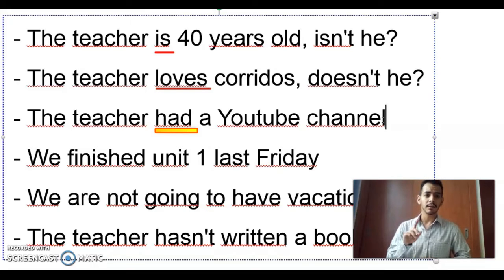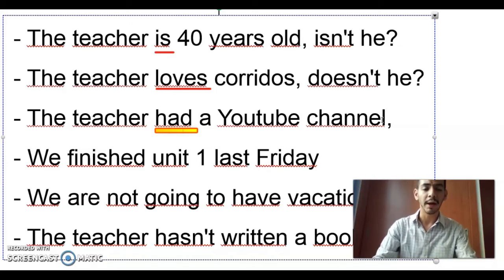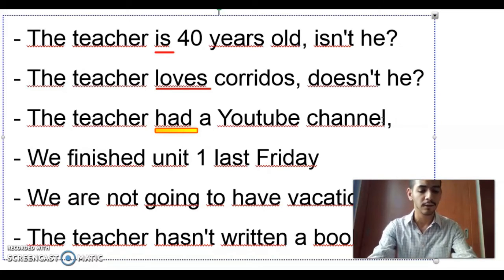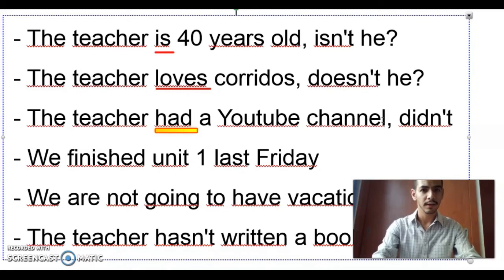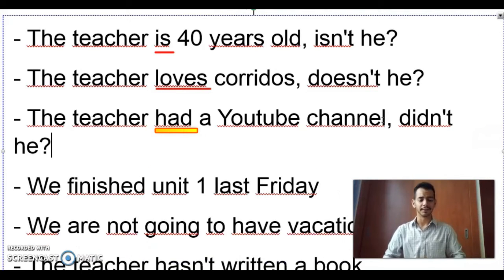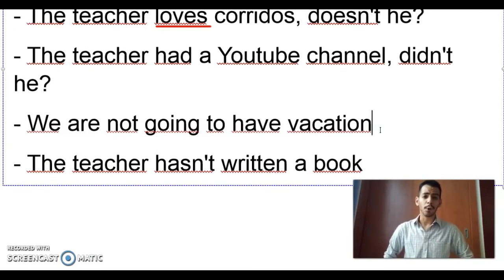In this case, after had, we don't have a past participle. So this is a sentence in simple past. In this case, the first part of the sentence is in affirmative, so I need to use negative. Comma, because the comma is very important. Didn't he?